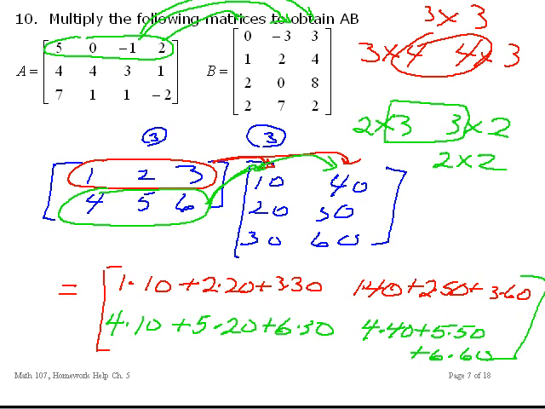Then you take the next row and go against this column, this column, and this column. And for the last row, you do the same thing, going against that column, that one, and that one.